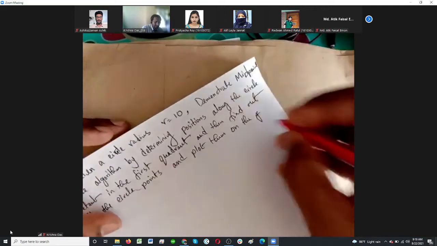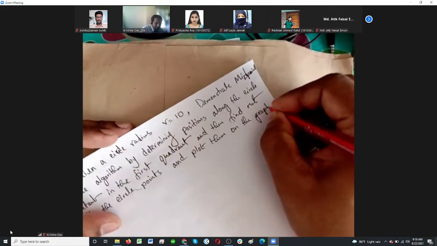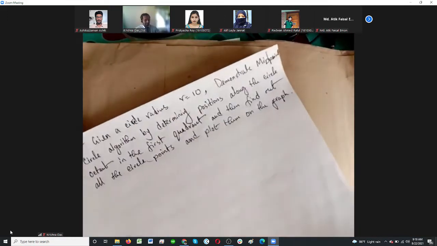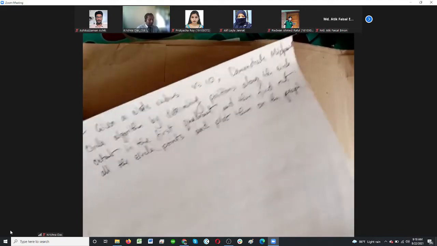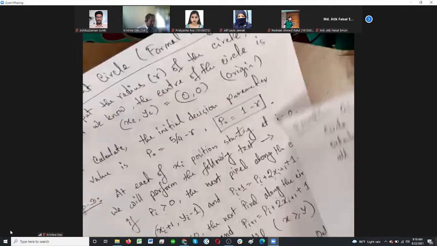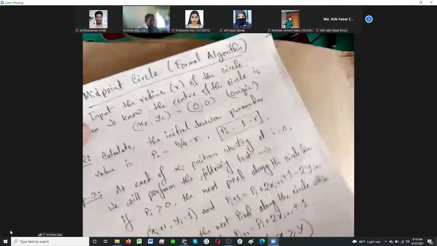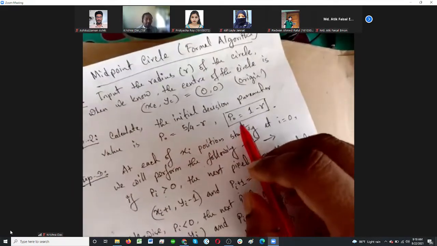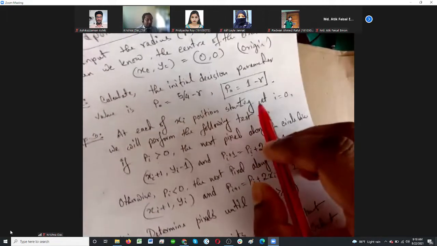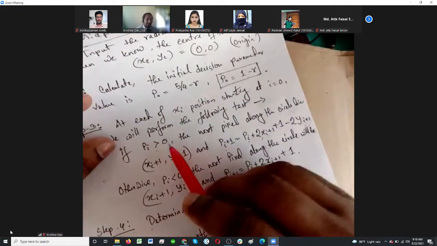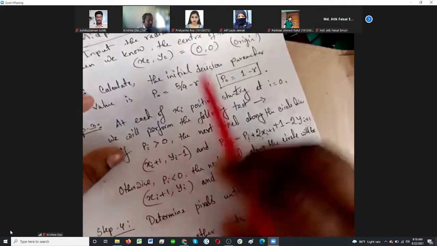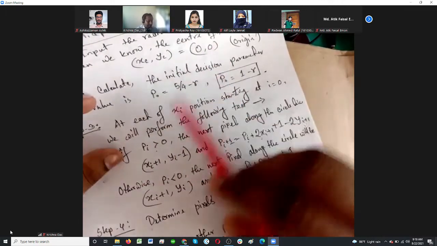This is also a very interesting finding that I have seen. As I was saying about your Bresenham, whenever you have taken your initial decision parameter, you put it in the table with the decision parameter value with the first point, which is given.